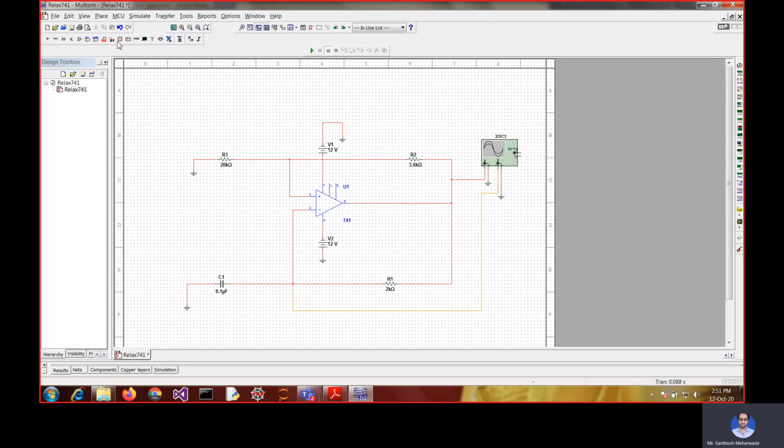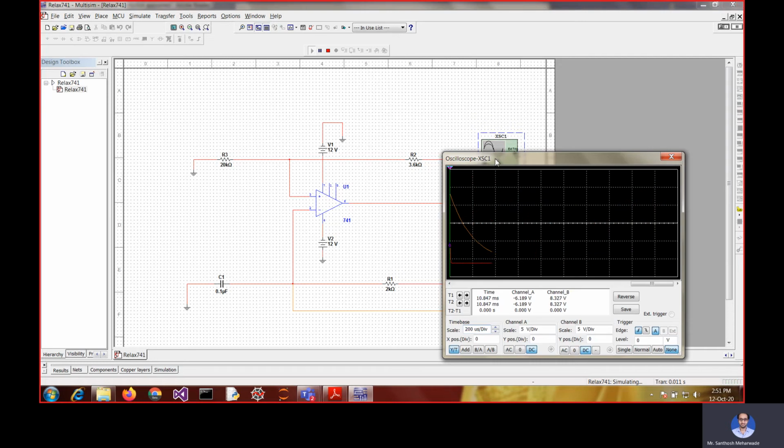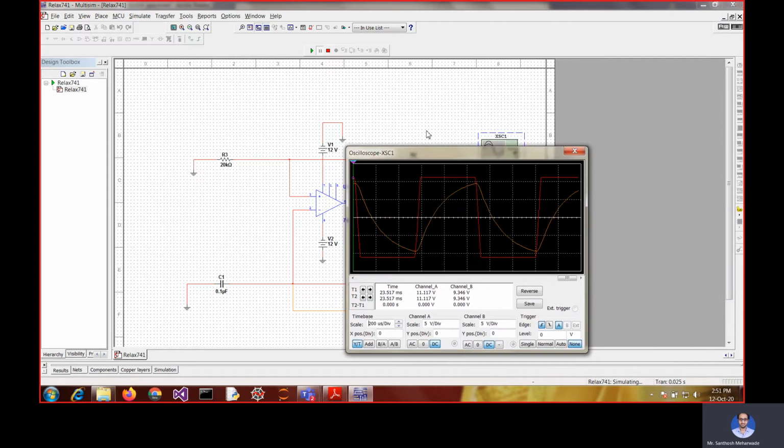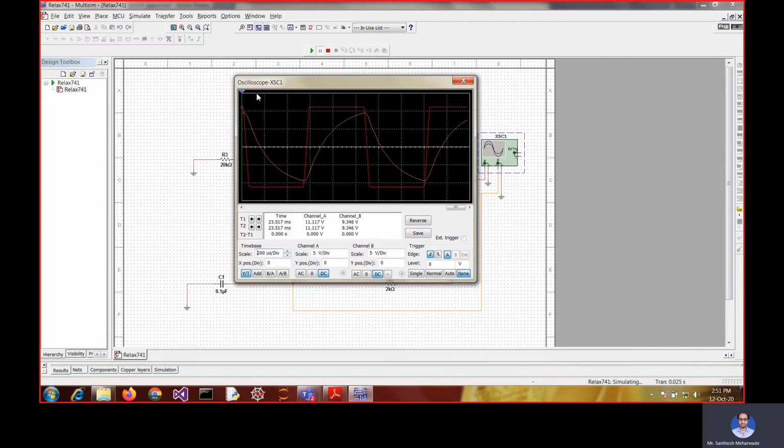Now I'm going to save this and execute. Next, double click on this. You can see the square waveform is coming, and charging and discharging are also visible. Stop it. Next, take the readings again. Timeline 2, I'm going to keep it over here.